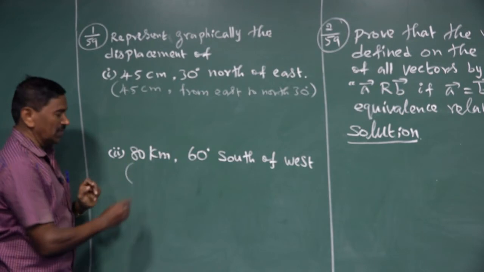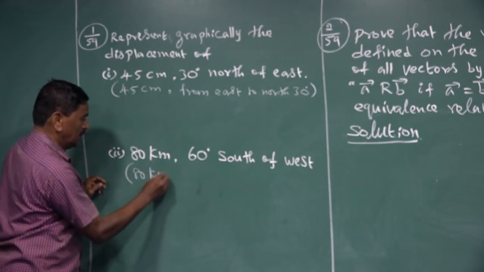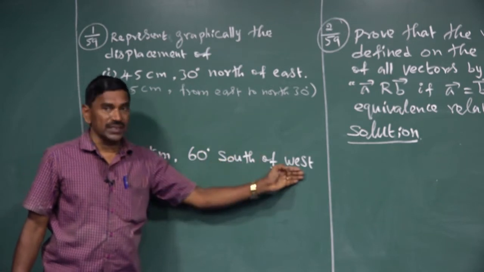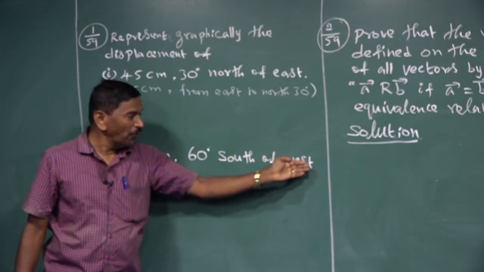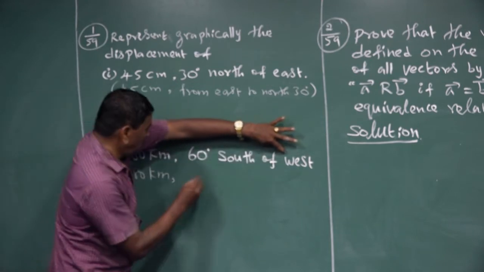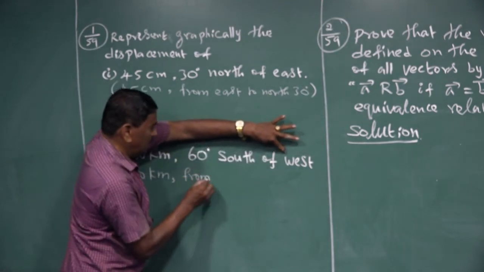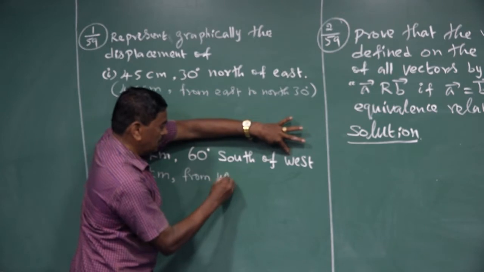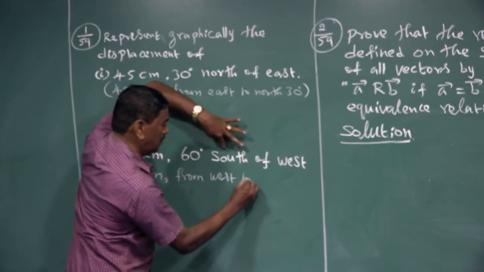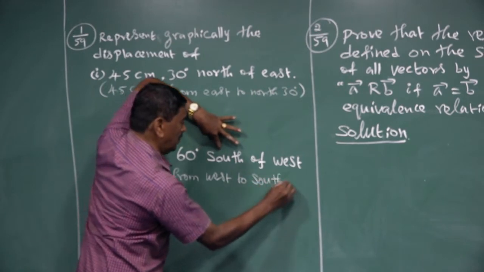Let us rewrite the question. 80 kilometer, here 60 degree south of west, which means from west to south, 60 degree. So from west to south, 60 degree.